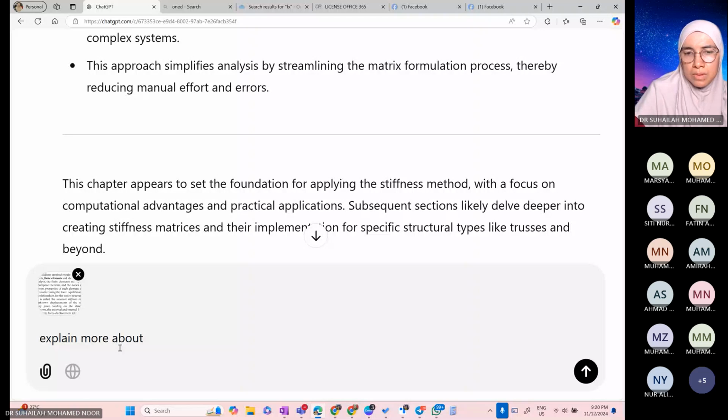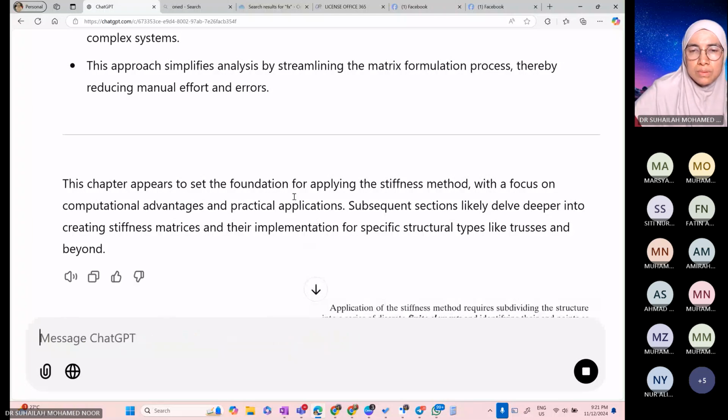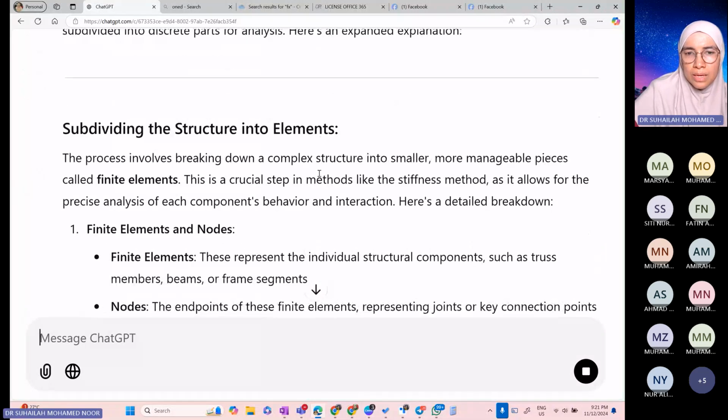About subdividing structure into element. Okay, dalam textbook tu dia mention about subdividing structure into element. So we have to understand that statement.